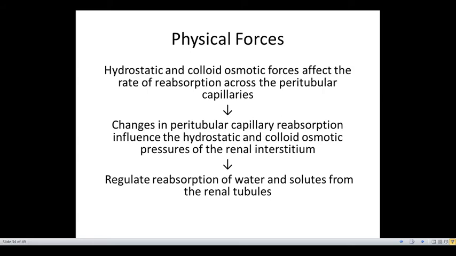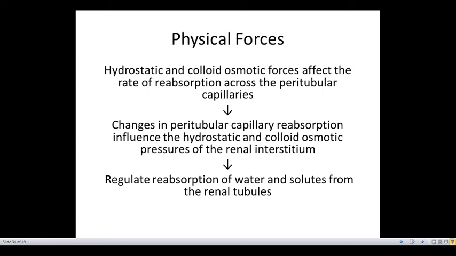These changes in peritubular capillary reabsorption in turn influence the hydrostatic and colloid osmotic pressures of the renal interstitium, which ultimately regulates the reabsorption of water and solutes from the renal tubules.